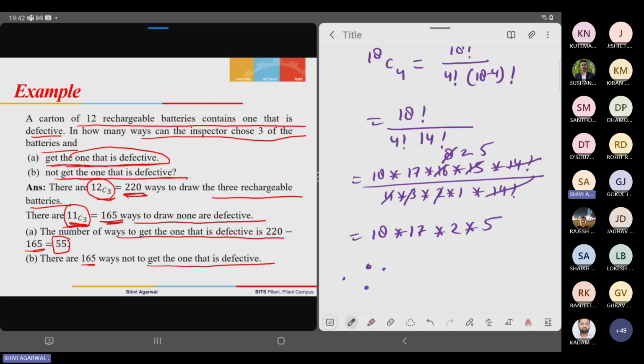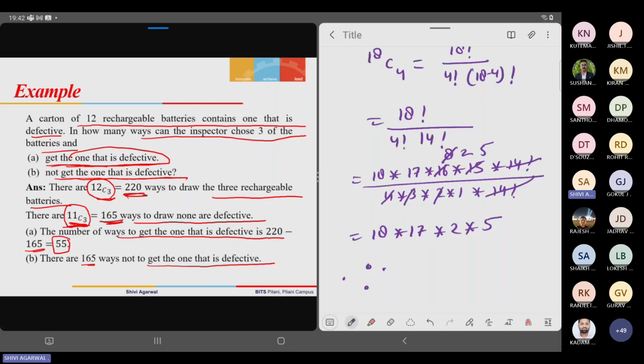So when we are using something in order, then we are using the permutation. Otherwise, just for selection purposes, we are using the combination. Correct? And that is the way to calculate the number of ways or number of elements in the sample space, in any set, or in the events.